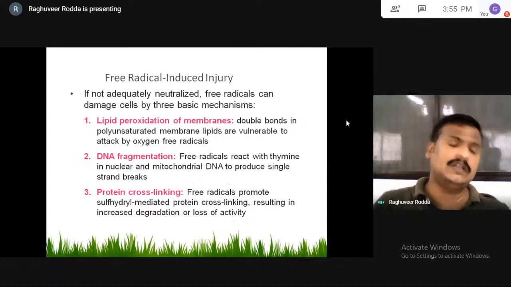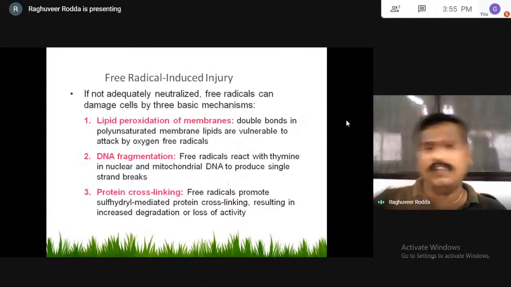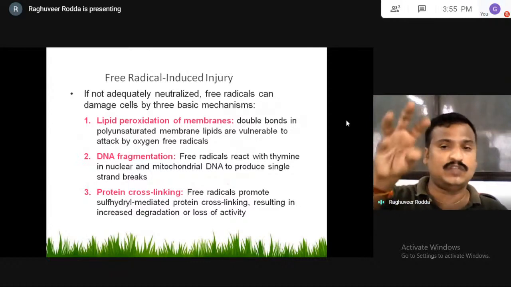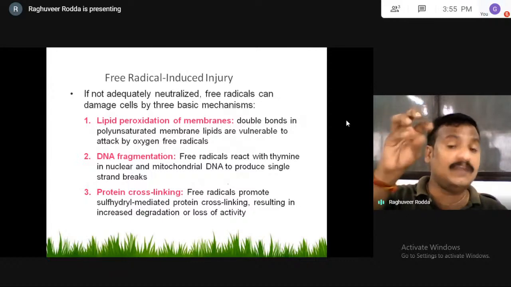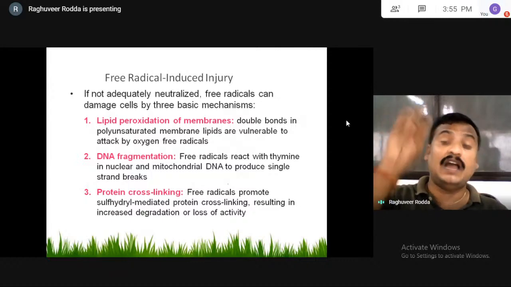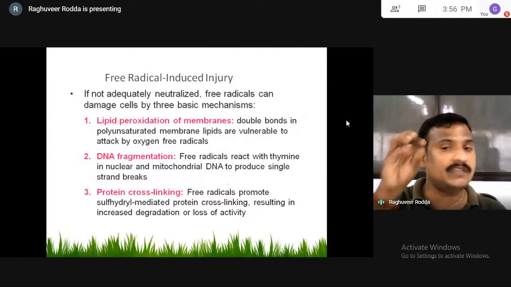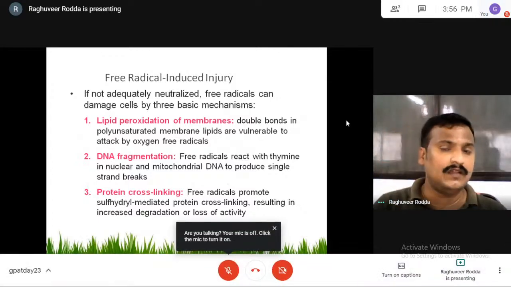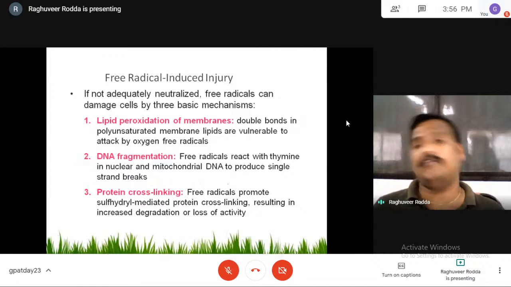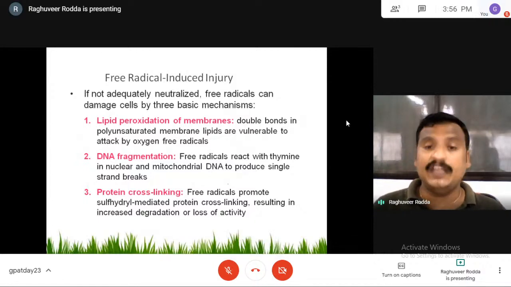If the intracellular free radicals are not neutralized by any suitable mechanism, immediately they will catch the phospholipids present in the membrane, which are mainly responsible for the semi-permeable nature of the cell. They will get converted, metabolized, and utilized for the liberation of various products.